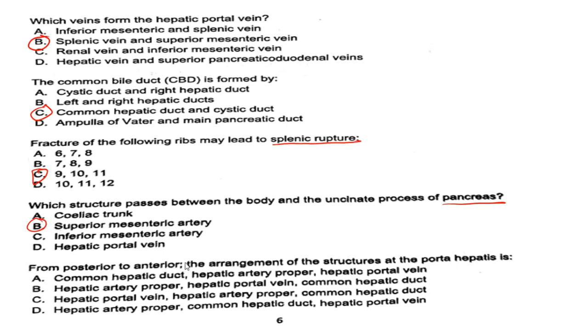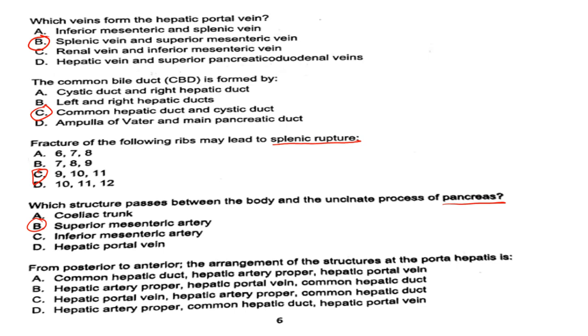From posterior to anterior, the arrangement of the structures at the porta hepatis is A, we have the common hepatic duct, hepatic artery proper, and hepatic portal vein.